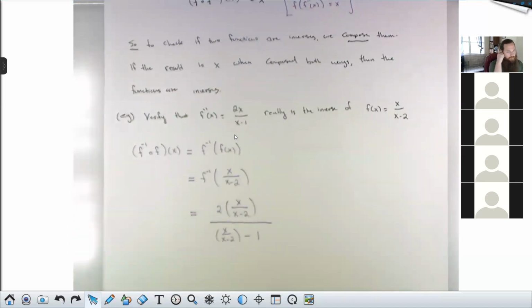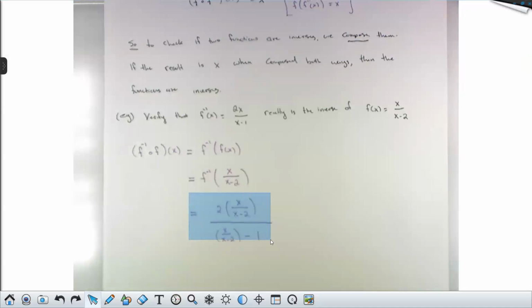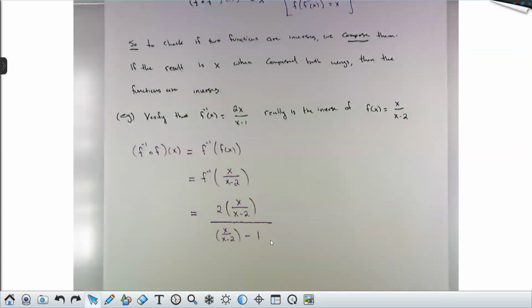Take a quick pause here and make sure everybody's comfy with what this is saying. Are there any questions about how we arrive at this expression? Okay, then are there any suggestions as to how I can begin simplifying this expression?